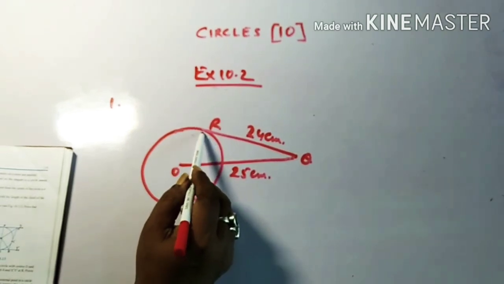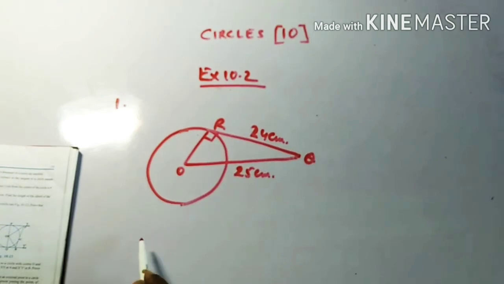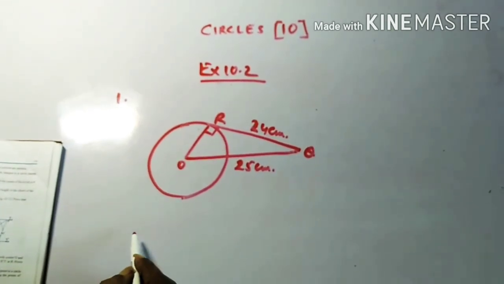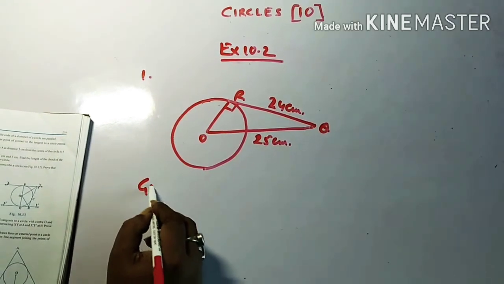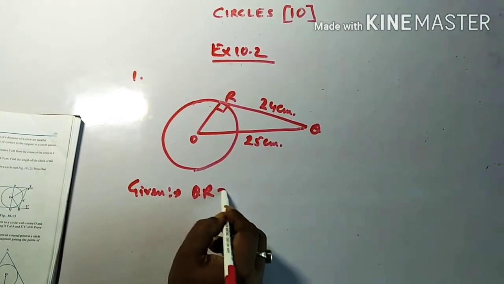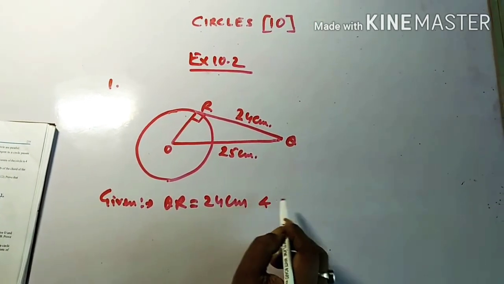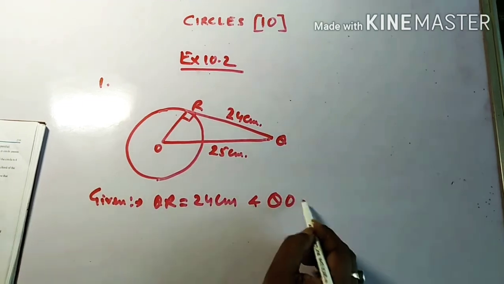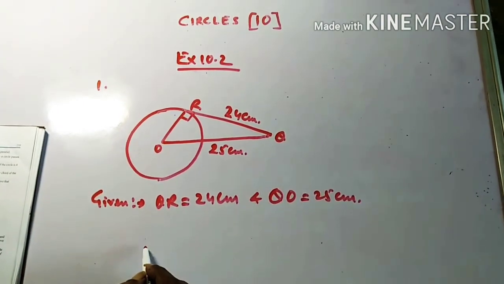We have to find the radius of the circle, OR. Now see, what is given? QR is equal to 24 cm and QO is equal to 25 cm. This is given to you.